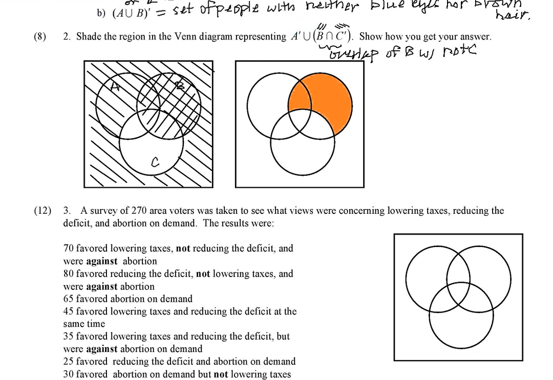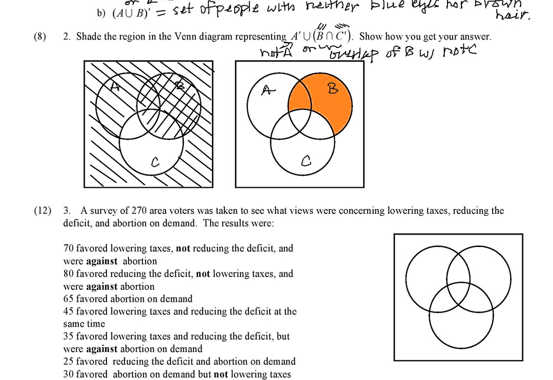So why don't I label our sets here again. Here's our A, here's our B, and here's our C. Everything that's inside of A is going to be this circle. And then we want to unite that, do an OR with not A. So take everything that's outside of A and unite it with the orange area.